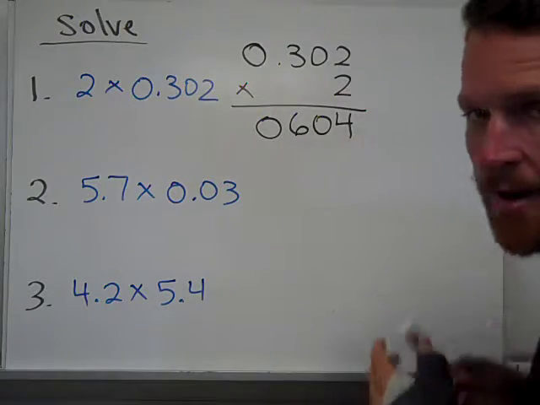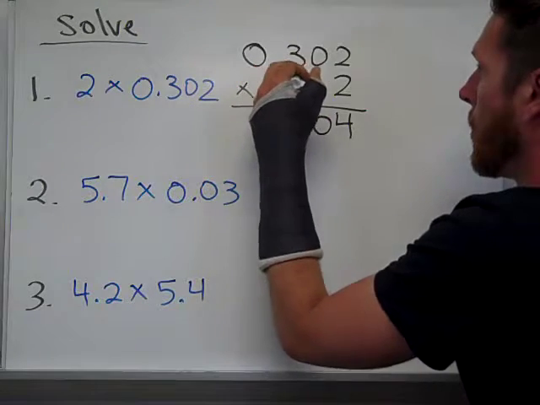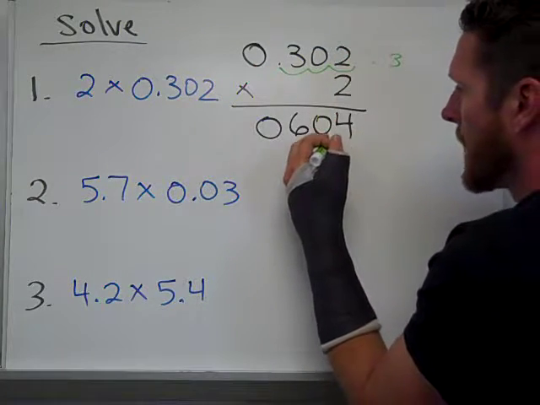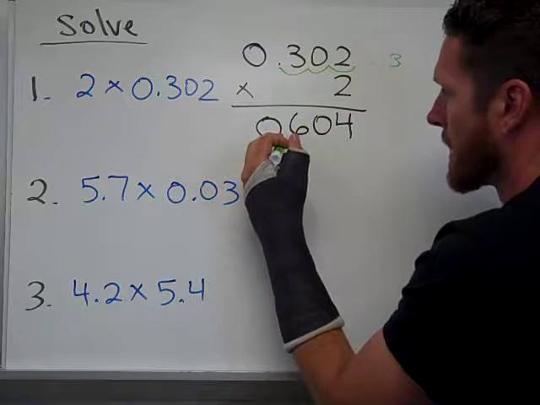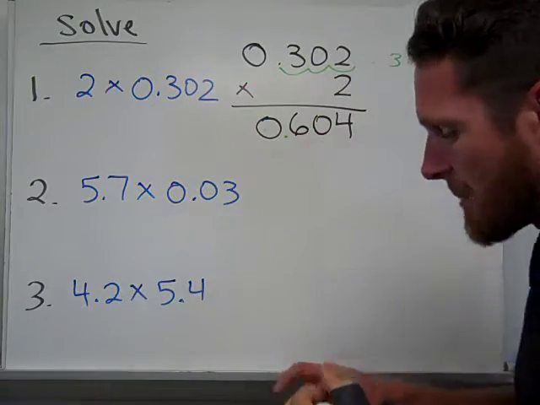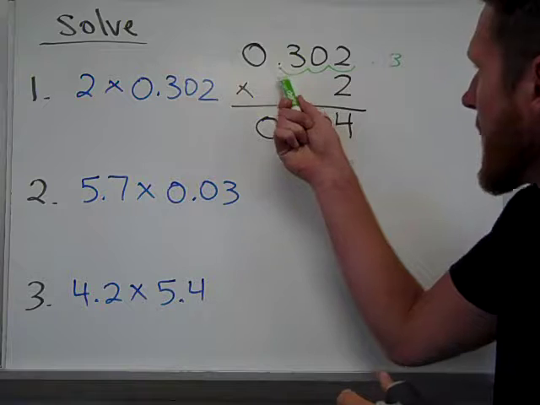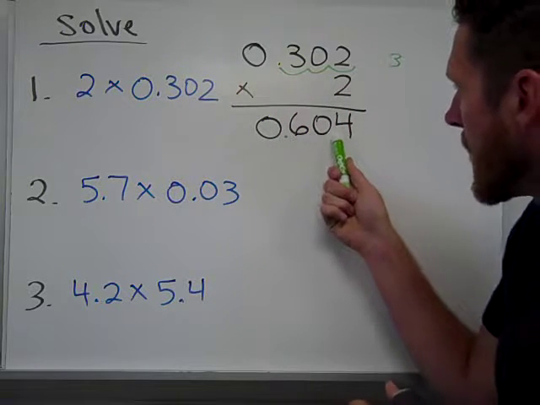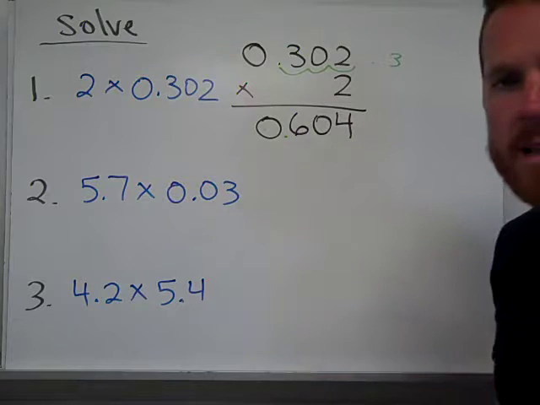So we count out the decimal. 1, 2, 3. Count it in. 1, 2, 3. And you're just counting place value. That's all you're doing. You count it out, place value 1, 2, 3, and then you count it in, 1, 2, 3. And there's my answer.